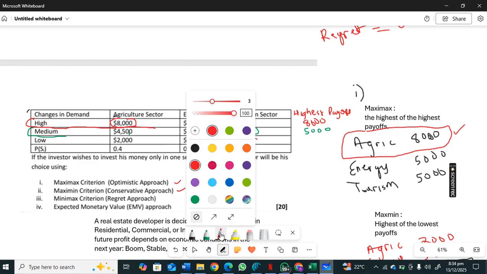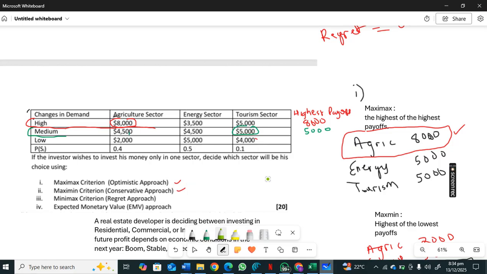Then when demand is low, we're going to look for the highest payoff. Agriculture it's 2,000, energy it's 5,000, tourism is 4,000. So the highest payoff when demand is low is 5,000.